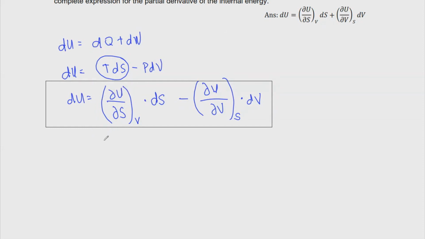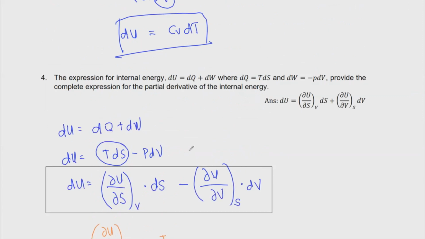So in this case, we know that we have partial U and then partial S. Let's use another color. This is not included in the problem, but we can just generalize that the partial U over partial S, the change in that at constant volume, will always be the temperature. And then for this one, we have the change in internal energy with respect to the partial change in volume at constant entropy, that is equal to our negative pressure.